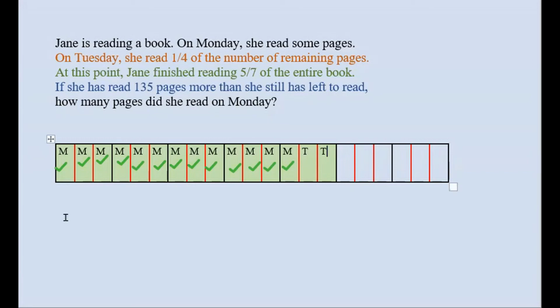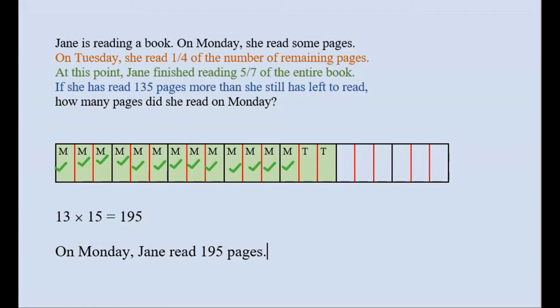She read 13 times 15, which is equal to 195. I'm going to make the font a little bigger. So on Monday, Jane read 195 pages. That's my answer.